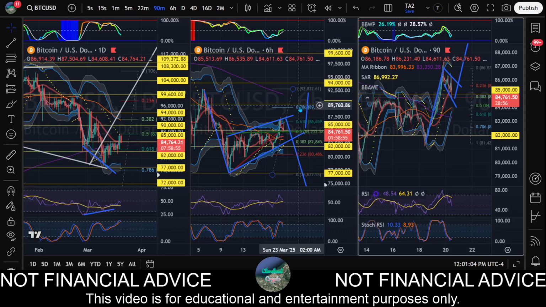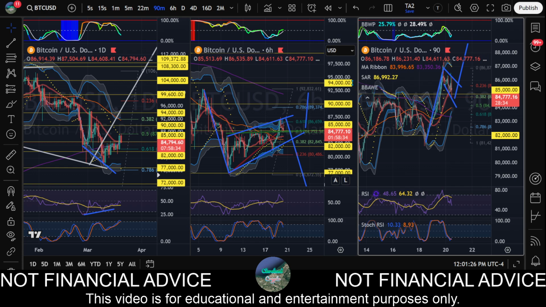Now, we might, you know, 90 is going to be a little hard to get over. 88 even is going to be hard to get over. If you look at Bookmap, I can't show you because I'm looking at it on a different device, on my tablet here. But there's some big red all the way up at 89.